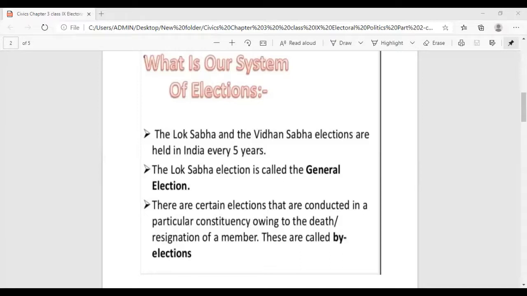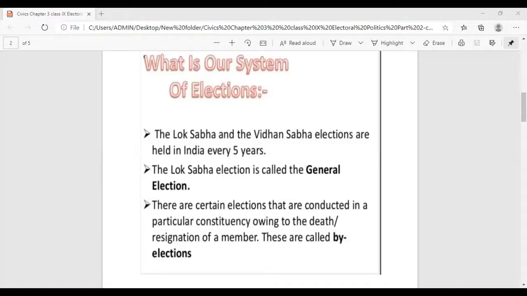The same principle applies for panchayat and municipal elections. Each village or town is divided into several wards, and those are like constituencies. Each ward elects one member of the village or the urban local body.